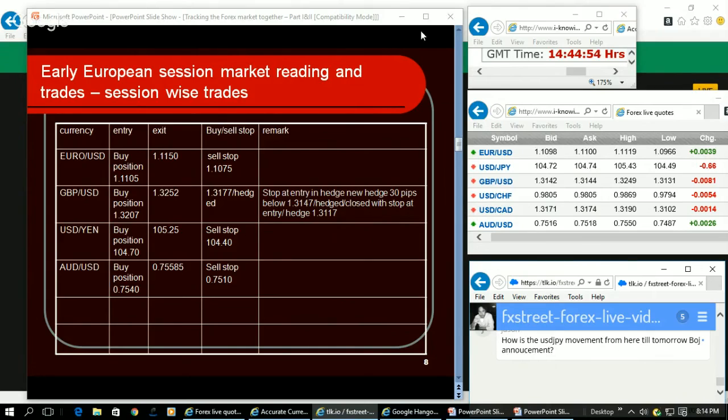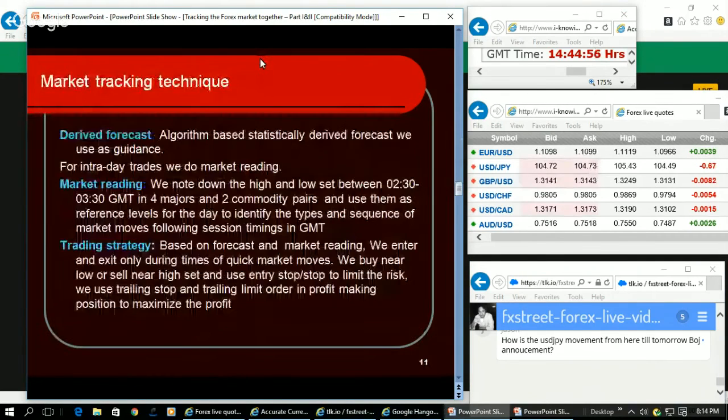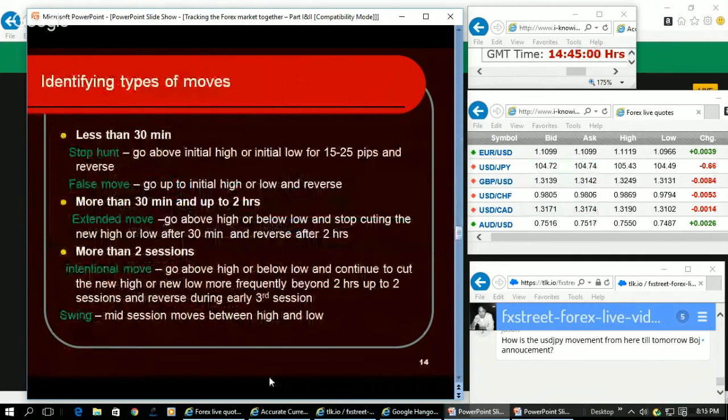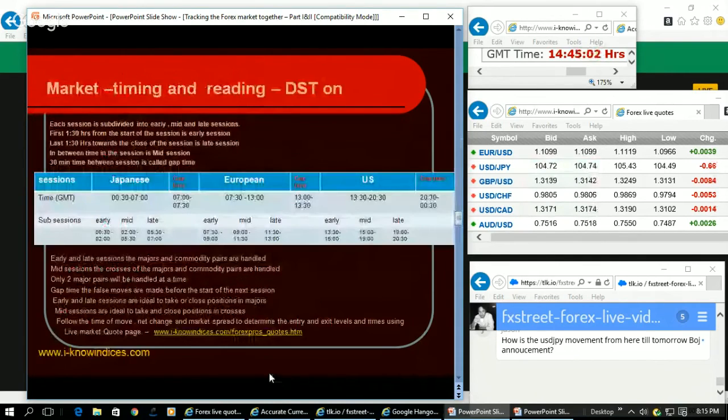So try to follow the type of moves they are doing in the market, and that is very vital. Also note down the session timings. These session timings clearly indicate how exactly they will be making moves. So 13:00 to 13:30 is the gap time before the start of the US session.